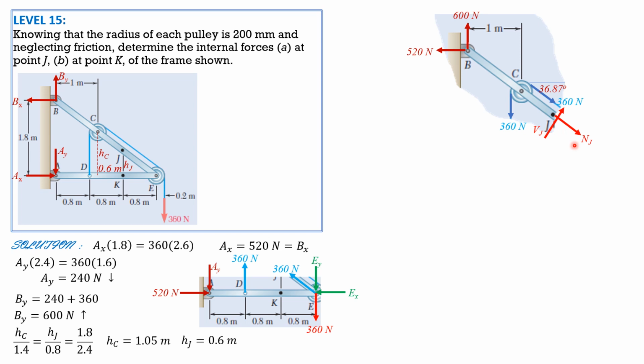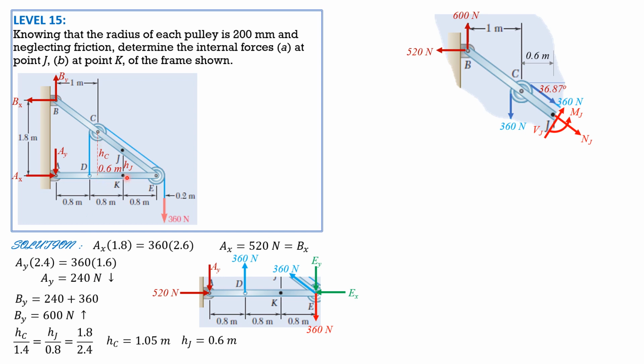So these are the internal forces, NJ, VJ, that's just an assumed direction. If it is wrongly directed, then it will just give us a negative value. Then MJ. Then the angle that VJ makes with the vertical is 36.87. NJ with the horizontal is also 36.87. So this distance is 0.6 between C and J horizontally.